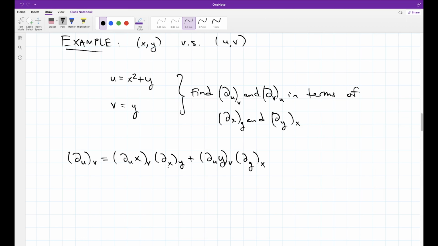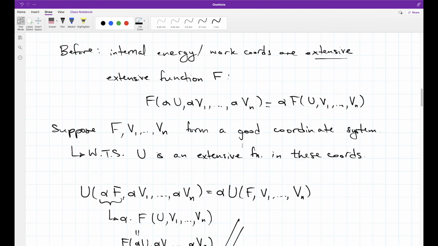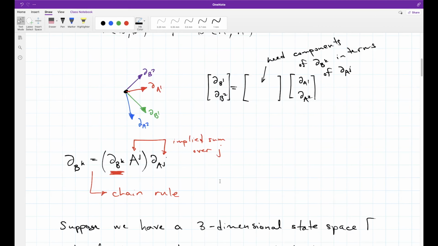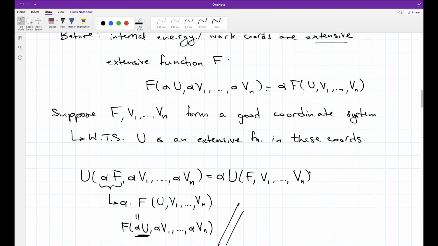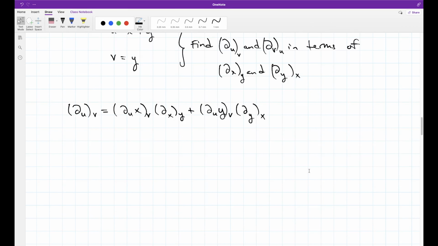Good. Now, notice that this is exactly the same as what we wrote way above here, if we convert to this new notation. Good.